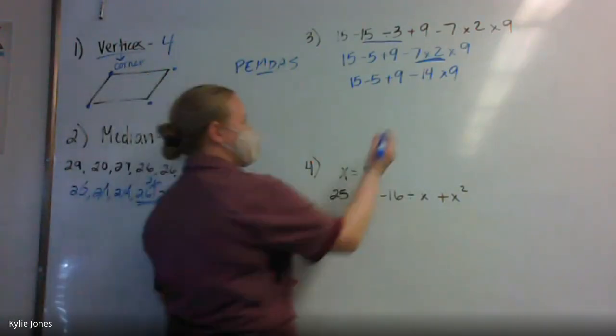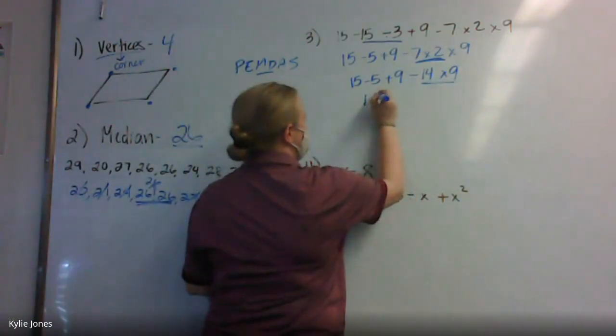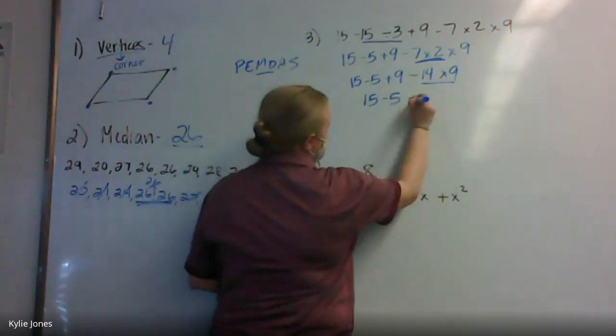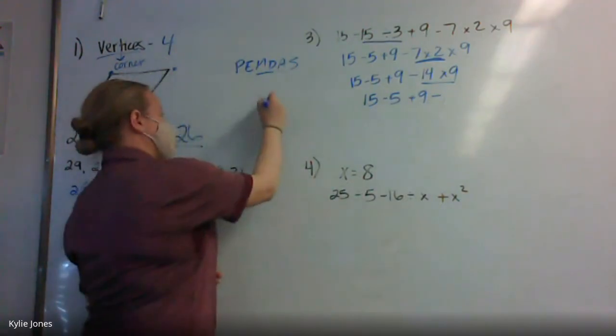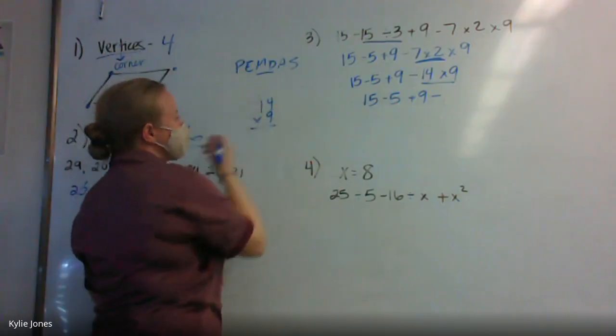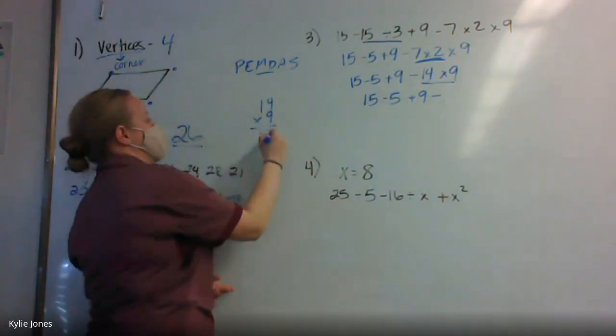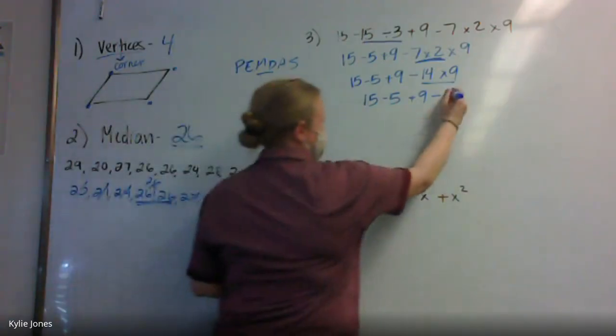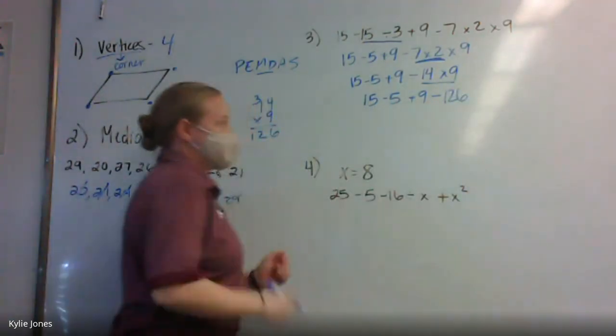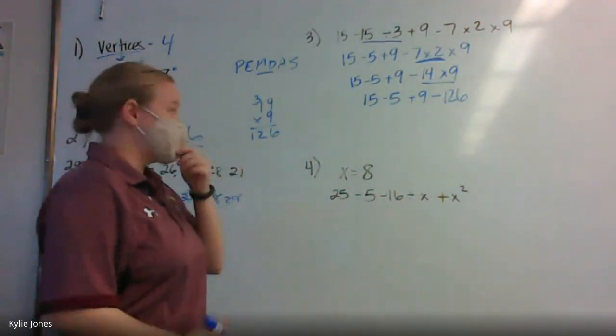You gotta keep multiplying. 14 times 9. What is 14 times 9? 126. I did mine a little differently, right? No, I did it right.